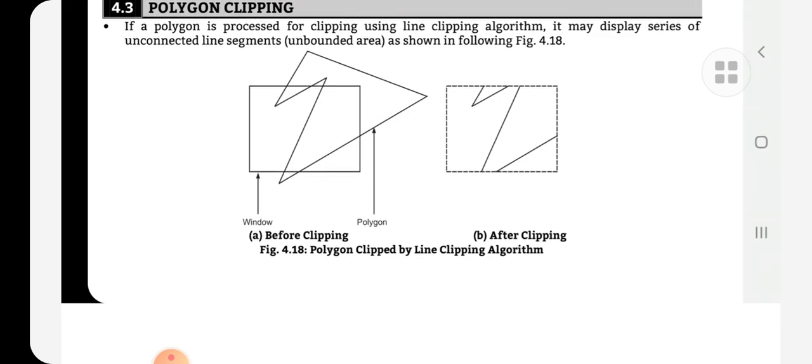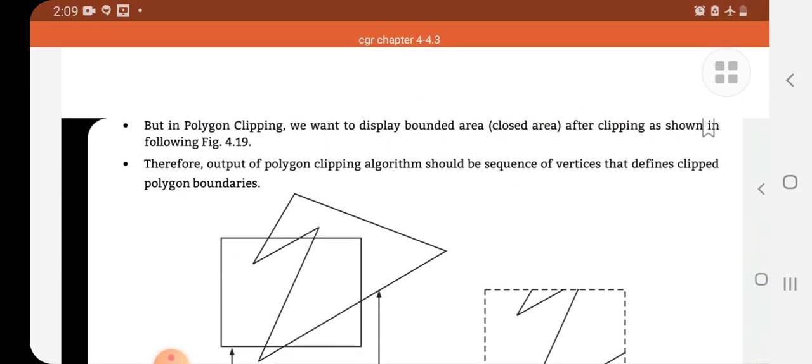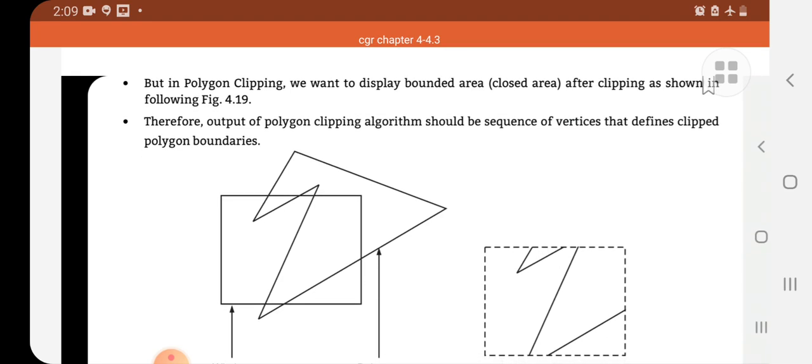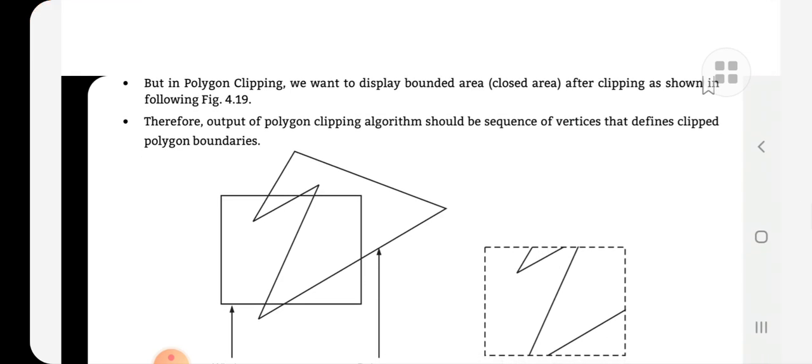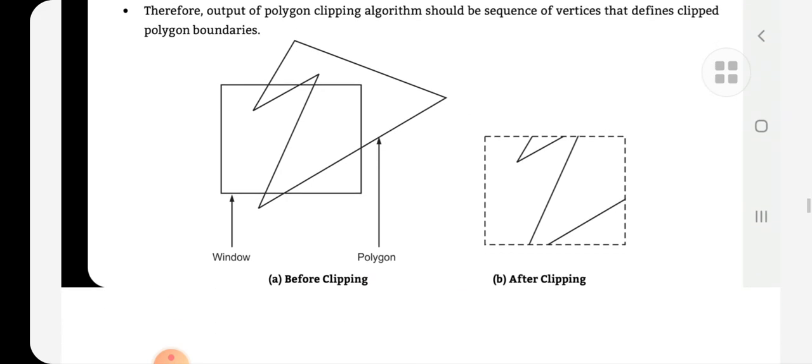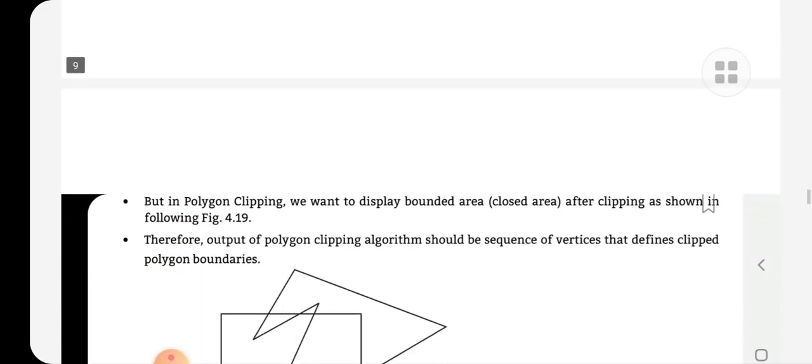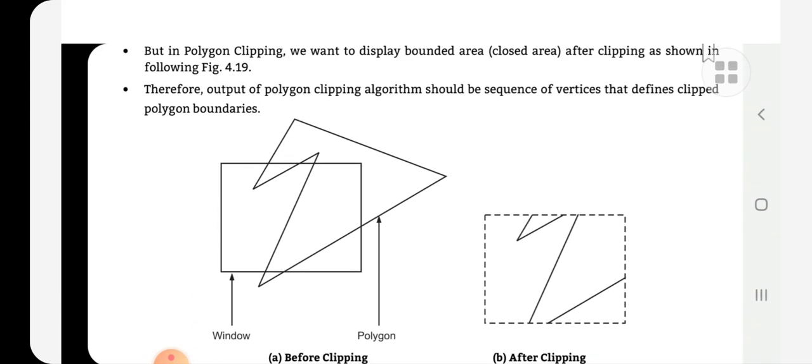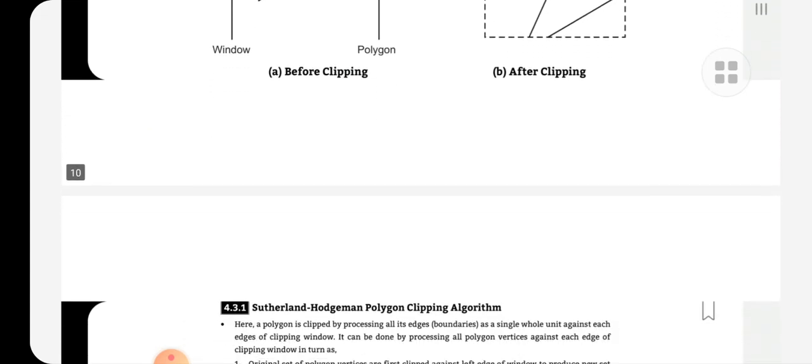This is the figure before clipping, and after clipping is shown in figure B. But in polygon clipping, we want to display the bounded, closed area after clipping, as shown in figure 4.19. Therefore, the output of a polygon clipping algorithm should be a sequence of vertices that define the clipped polygon boundaries.